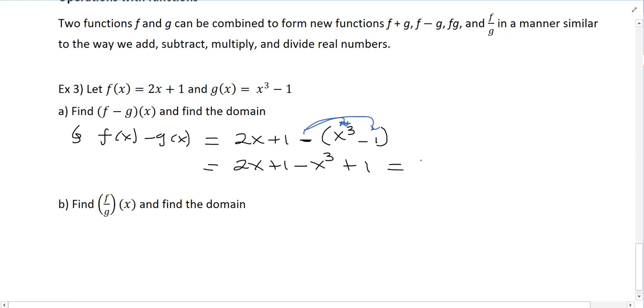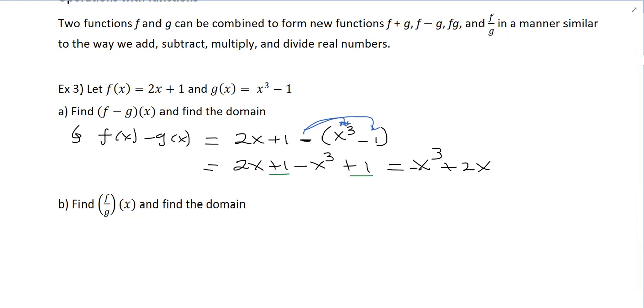And then combine like terms if there are any, and try to write them in descending order. So I'm going to have negative x cubed, plus 2x, and then the only like terms are the plus 1 and plus 1. So notice that those did not cancel, because that negative is distributed. So minus and minus becomes a plus.